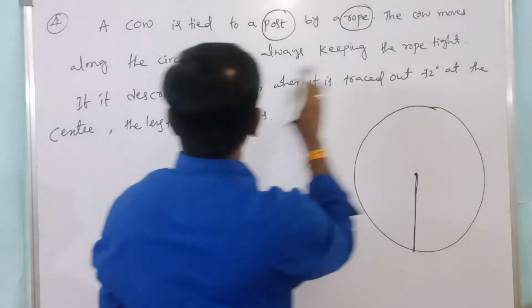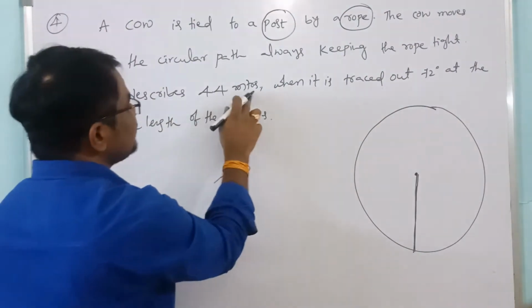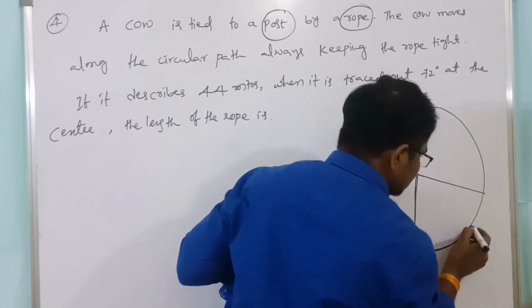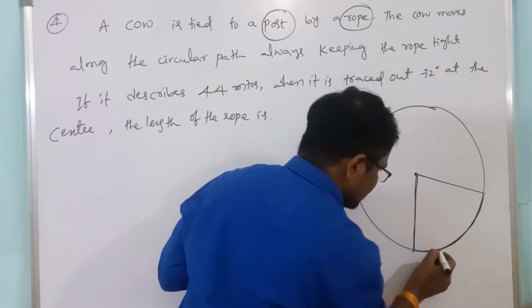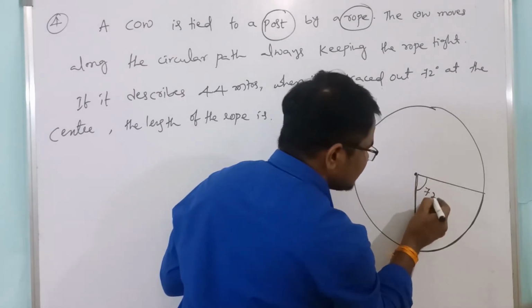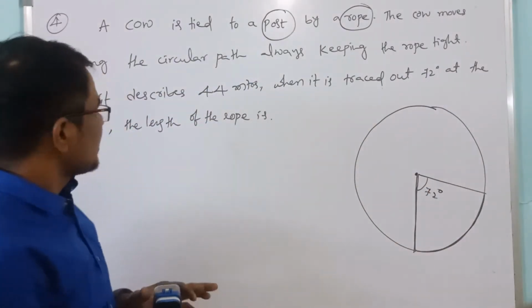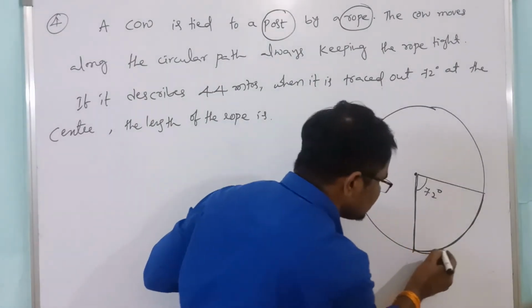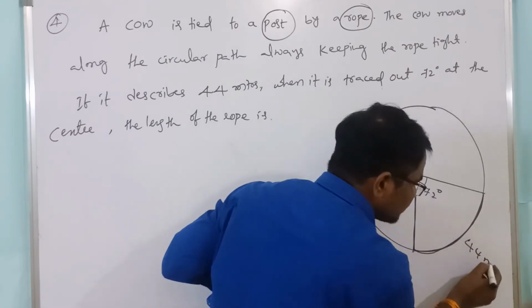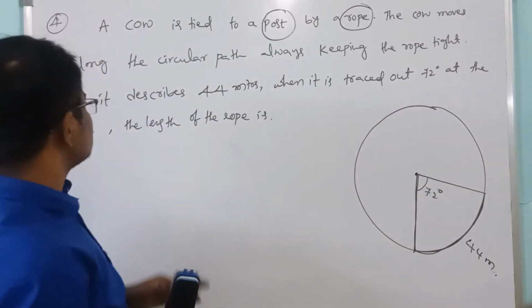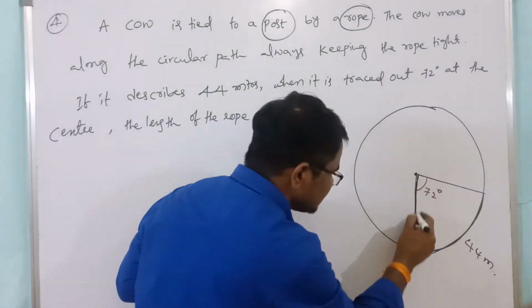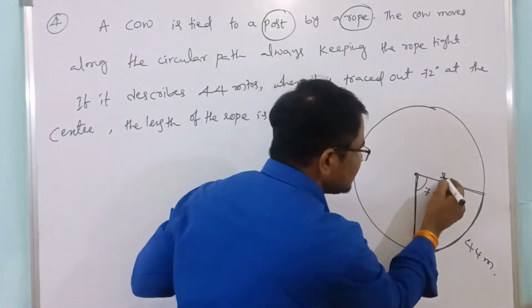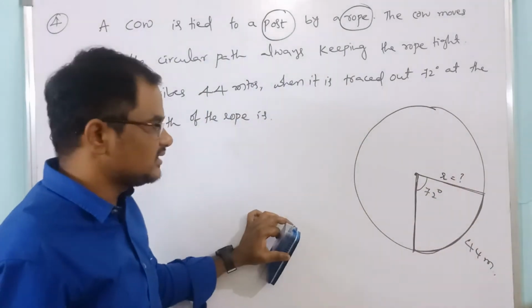Now what is given: if it describes 44 meters, means if it travels this much length, the angle given is 72 degrees, and it describes 44 meters, so here to here the length given is 44 meters. Then what they are asking is the length of the rope, means this distance. Indirectly they are asking for the radius, right?